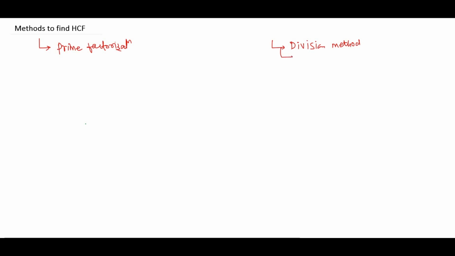This division method can also be represented in another form, which is known as Euclid's division algorithm, right? So first we will take the prime factorization method.